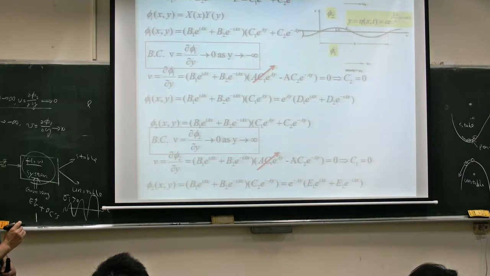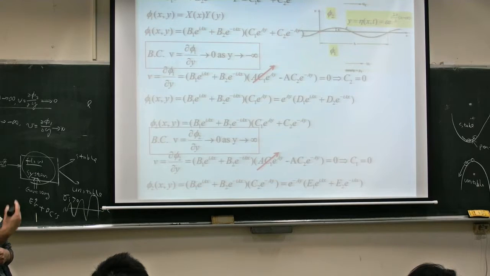So only this term remains, and when y goes to infinity this term has to be equal to 0, so this constant has to be equal to 0, and C1 has to be equal to 0. So in phi 2, our solution form will be an exponential of minus Ay times our sine cosine function.